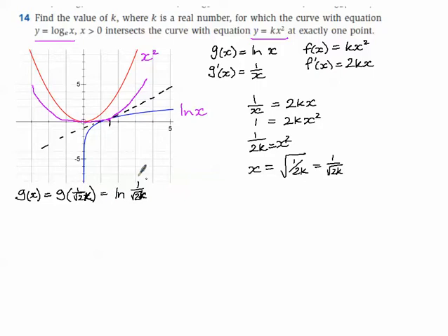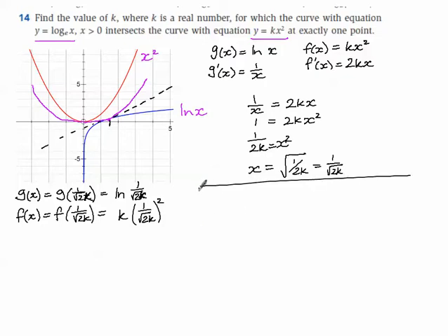So we know it's got to go through this point, but when we put it into our f of x, we end up with k lots of 1 over root 2k squared. Okay, so this is our x value. Now, in order for them to intersect and share that gradient, these two must be equal to each other, because they're the y coordinates. If they intersect at the point where x is 1 over root 2k, then these two must be equal to each other. So we're going to set the two equal to each other.